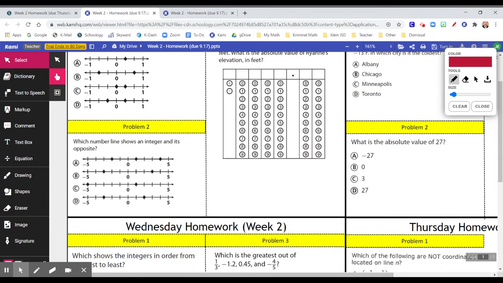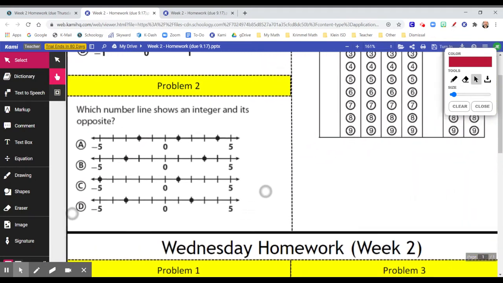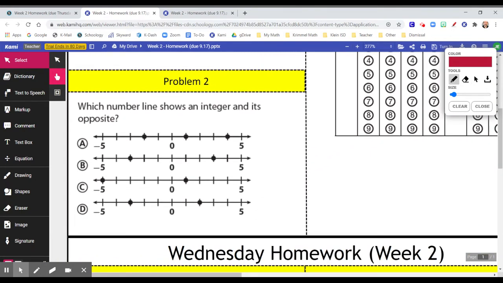Okay. So which number line shows an integer and its opposite? So if we look at answer choice, I'm going to zoom in a little bit here. Answer choice A, it looks like we have positive 1, and then 2, 3, and then going to the left of 0, we are negative over here, and it looks like this is negative 2. So we have 1, 3, and -2, and none of those are opposite.